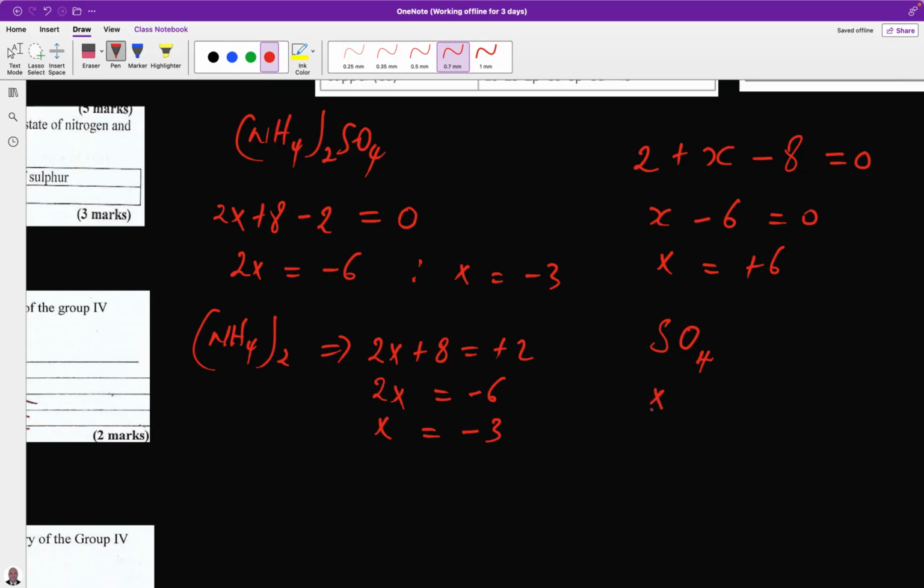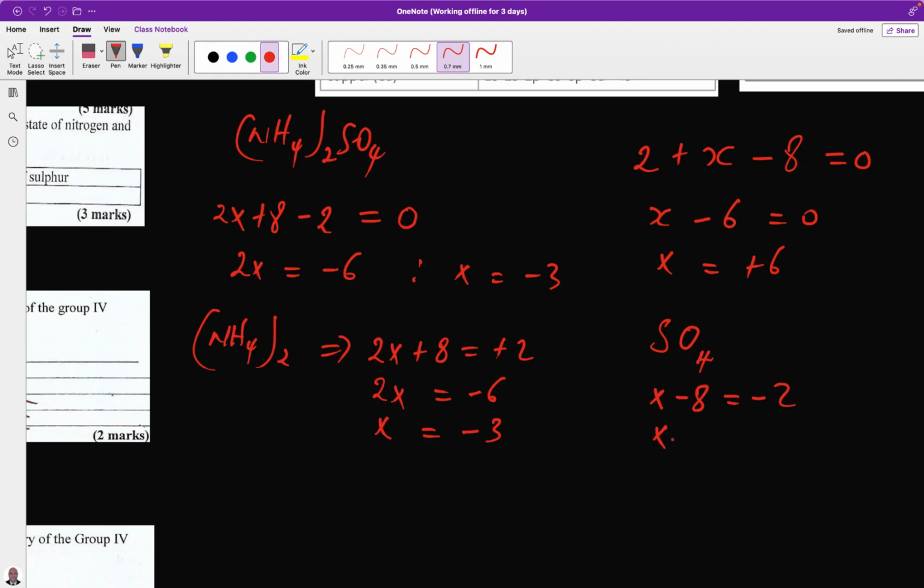Oxygen is -2, so -2 times 4 is -8, which equals the oxidation state for the sulfate radical, which is -2.